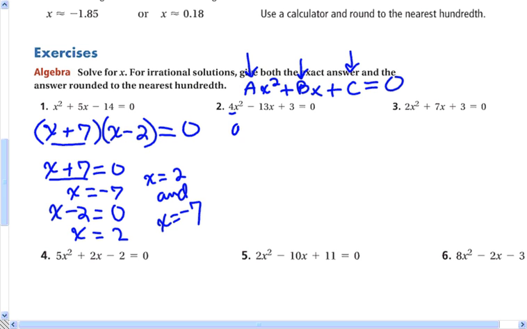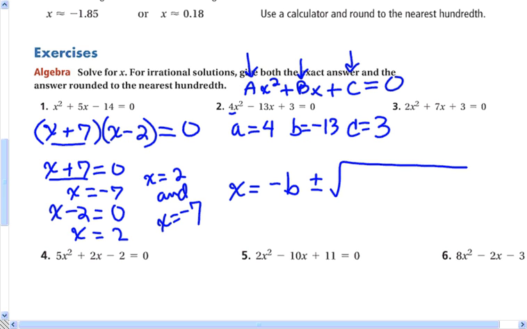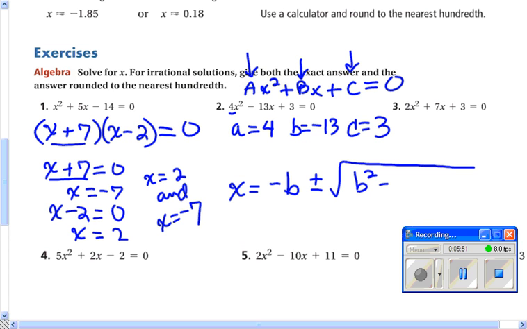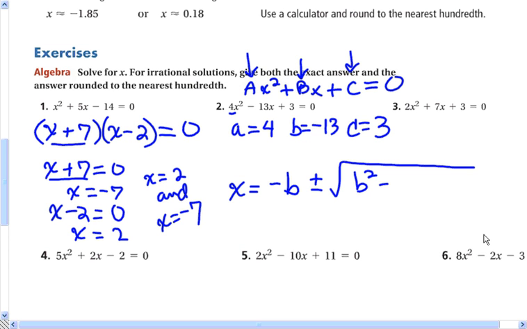So in this case, a is equal to 4, b is equal to negative 13, and c is equal to 3. And then my equation is x equals the opposite of b plus or minus the square root of b squared minus 4ac, all divided by 2a.